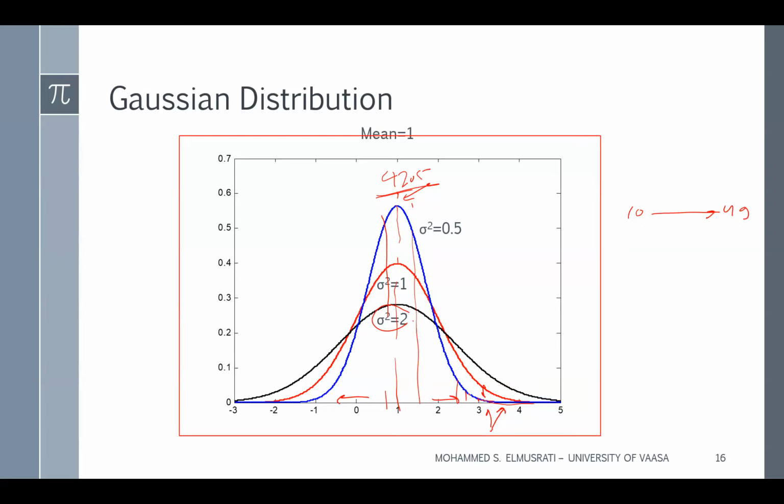Otherwise, in the market most men's shoes will be, let's say, from 40 up to 45. For females, you can find maybe between 36 and 41, most of them, because they follow this shape of the Gaussian or normal distribution.